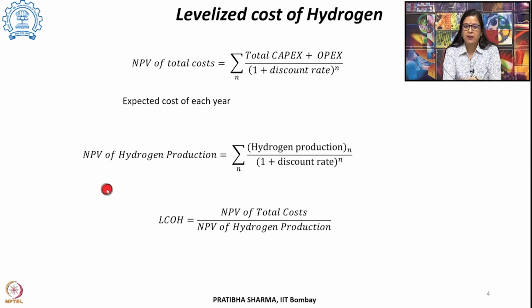Similarly, we can find out the net present value of the hydrogen being produced, and the ratio of the two, the net present value of the total cost to the net present value of the hydrogen production, will give us the levelized cost of hydrogen. So, these are some of the terms we should know before we look at the cost analysis of the hydrogen which is being produced through different production routes.